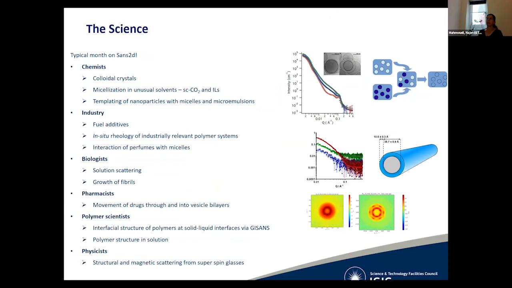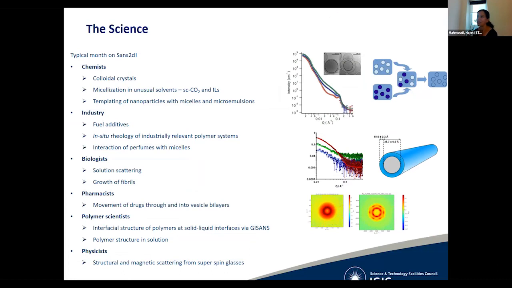In a typical month on SANS-TD, I will usually deal with chemists looking at colloidal crystals to nanoparticles in micelles and microemulsions. I'll often have industrial partners coming to look at chemicals such as perfumes in micelles, or in situ rheology of pharmaceutical formulations.